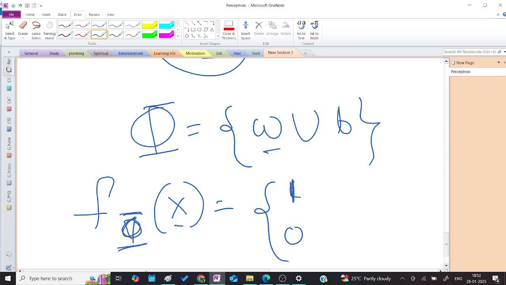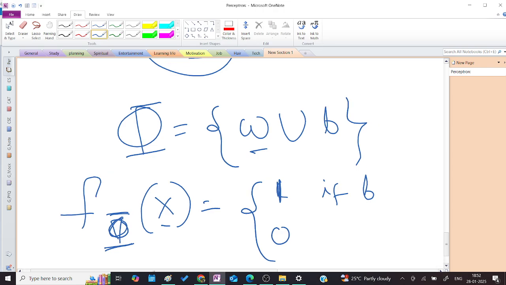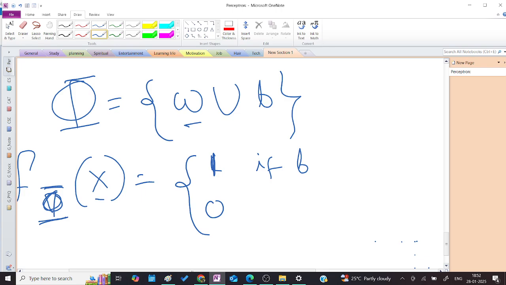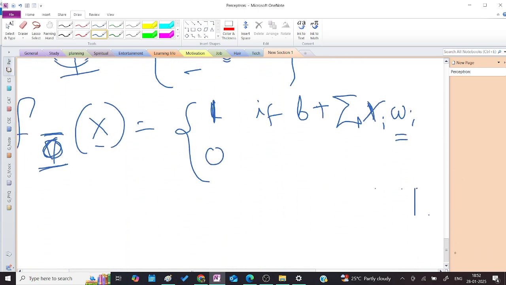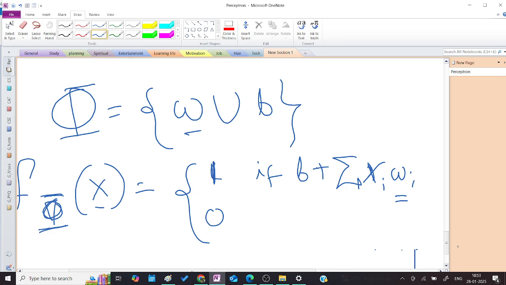Okay, suppose b plus the summation of xi and wi, where wi is the weight as I have already mentioned, and xi are the pixel intensity inputs.